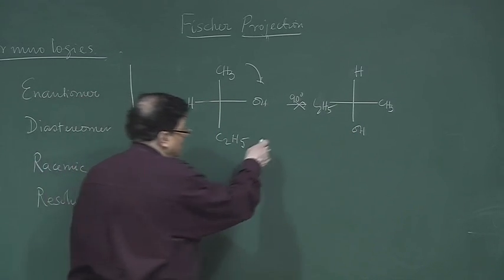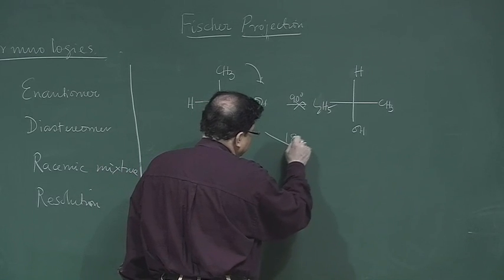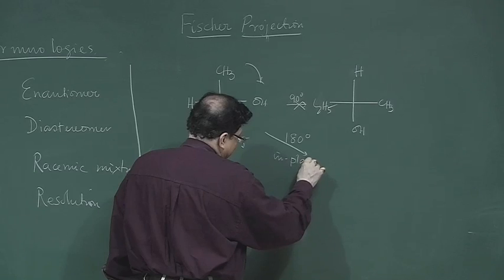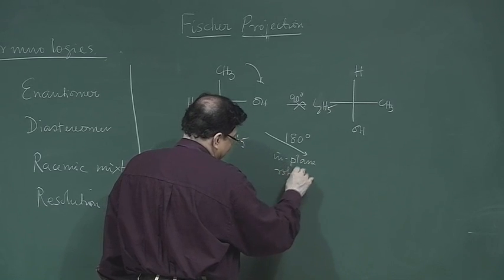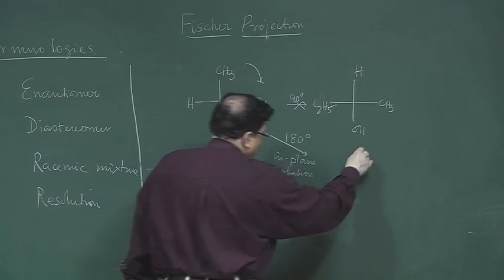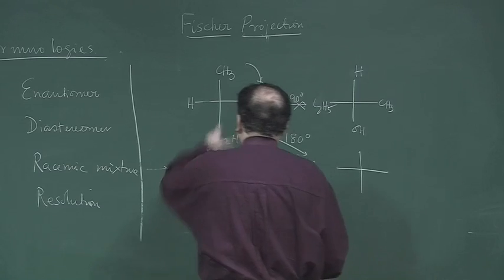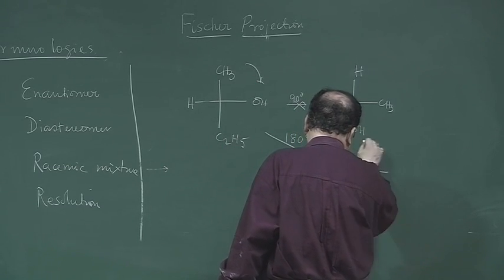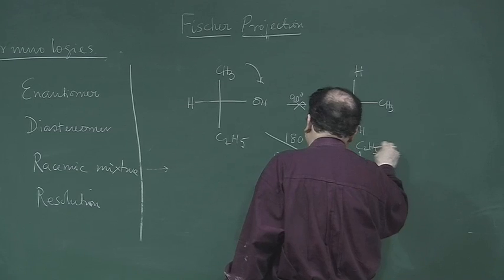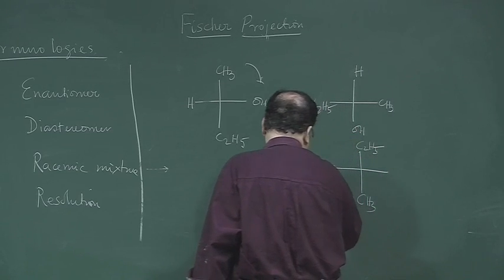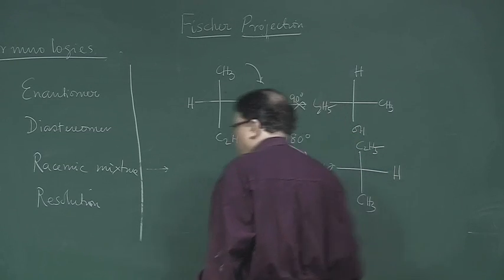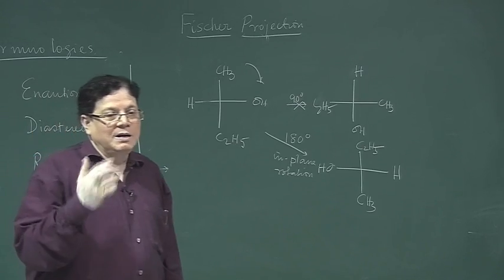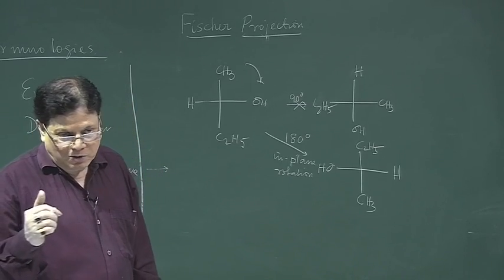What is allowed is 180 degree in plane rotation. That means, this methyl is here, C2H5 is there, and then OH is here, H is here. So, 180 degree in plane rotation is allowed, 90 degree in plane rotation is not allowed.